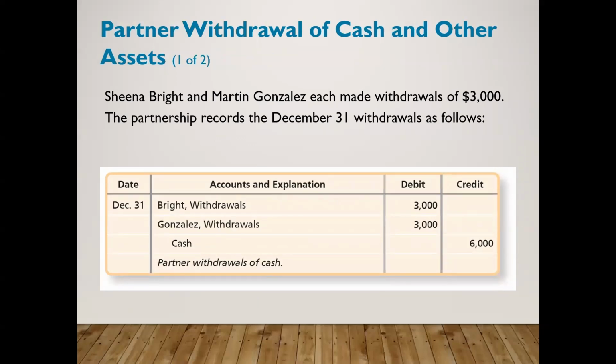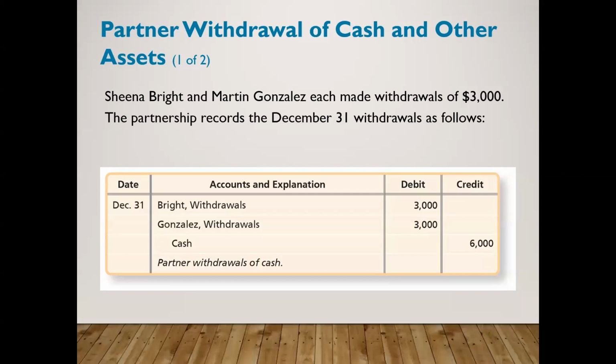Assume that Sheena Bright and Martin Gonzalez each made withdrawals of $3,000. The partnership records a debit to Bright withdrawals for $3,000, and the same for Gonzalez. So they both will be debited for $3,000 to withdrawals, and there would be a credit to cash for $6,000.